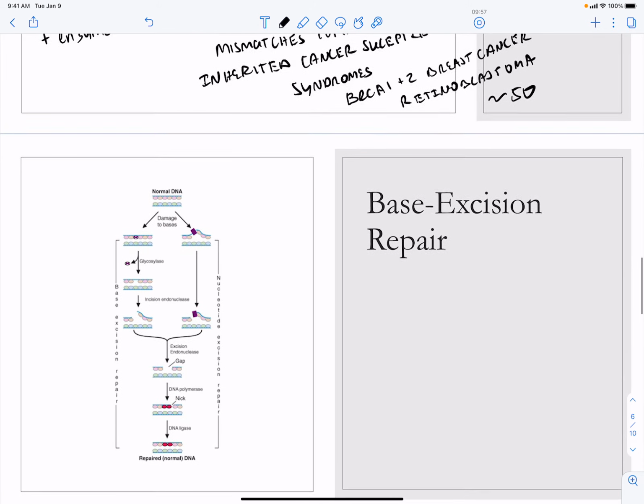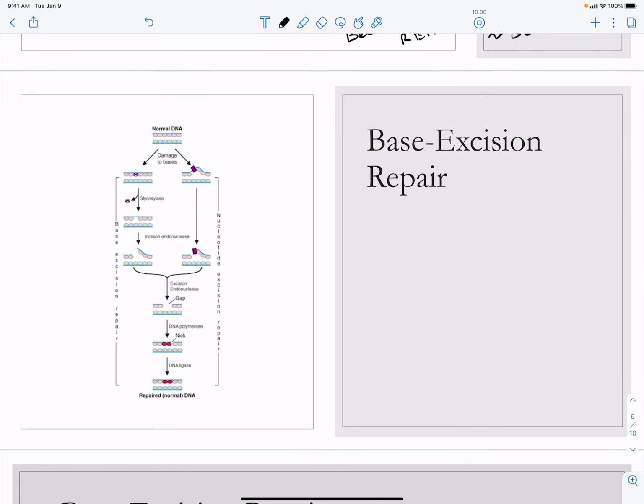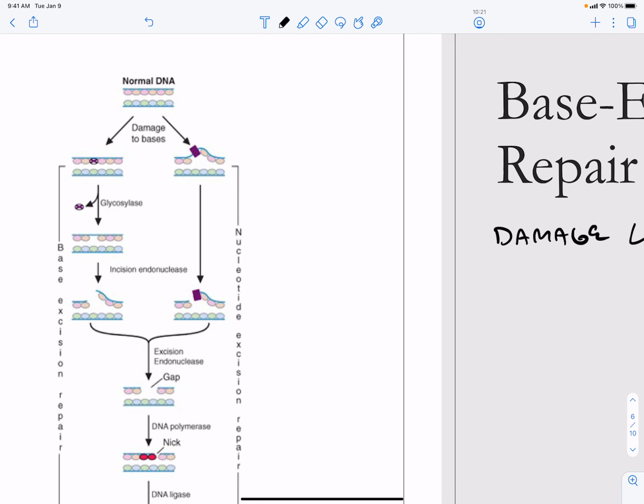Now the next is going to be base excision repair, and this is going to have a damage to your bases, which leads to a lesion. And so the lesions can be inside, or flush with your actual DNA.